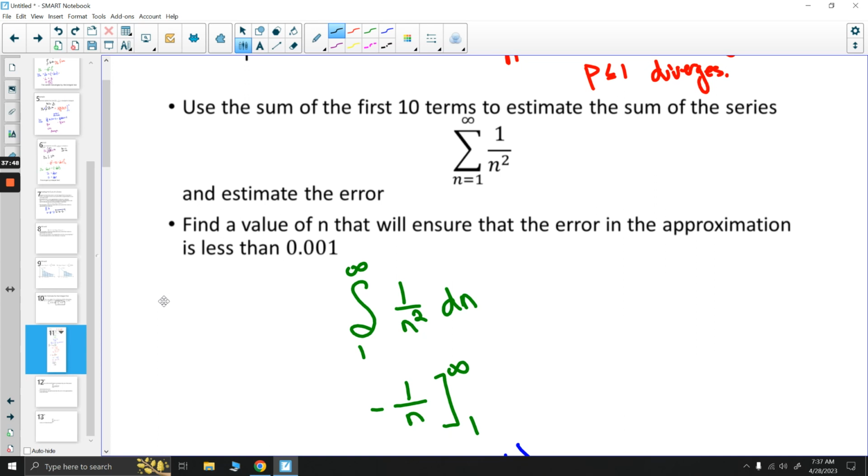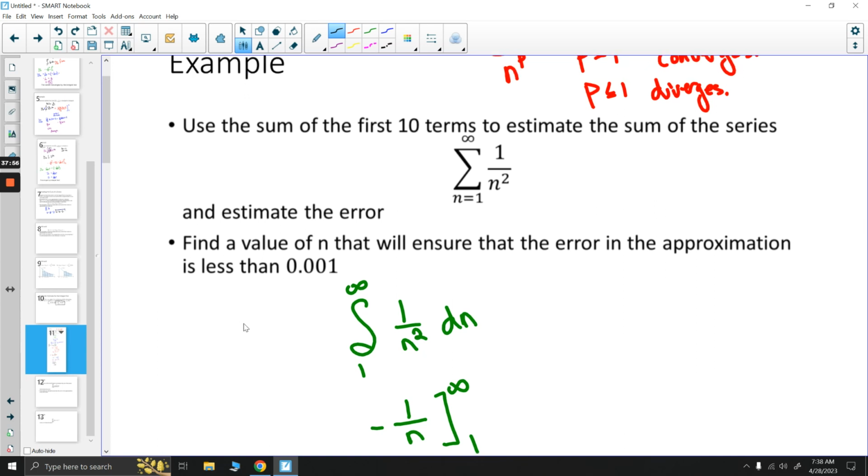So, in chemistry and in physics, we talk about our significant figures. And so there's no need for an approximation to be any better than we need. So if our sum, like our 10th partial sum, was sufficient, then fair enough, good enough.